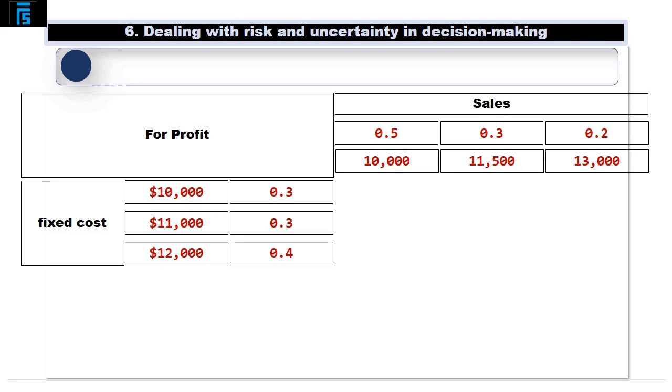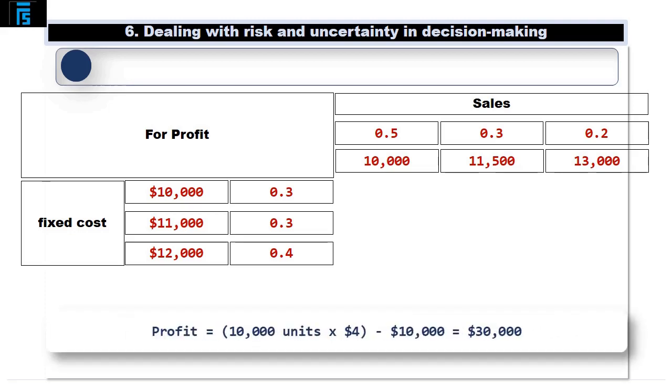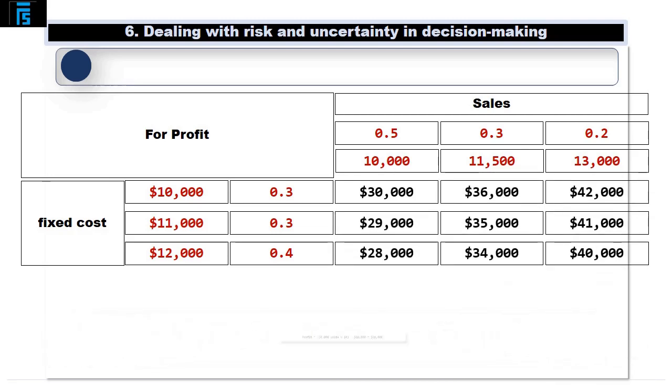For example, in the top left-hand corner, sales is 10,000 units and fixed cost is $10,000. So profit is 10,000 units times $4 contribution minus $10,000 cost, which is $30,000. A similar approach for the other boxes gives us the following.